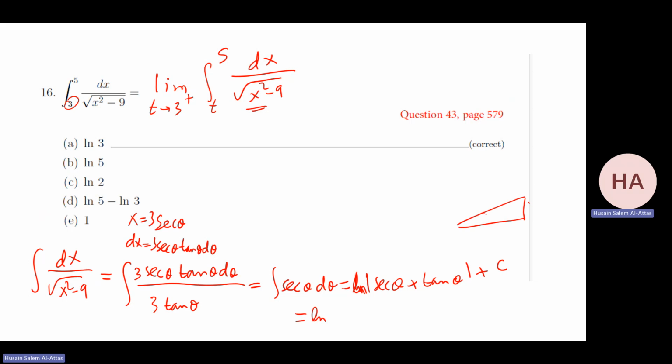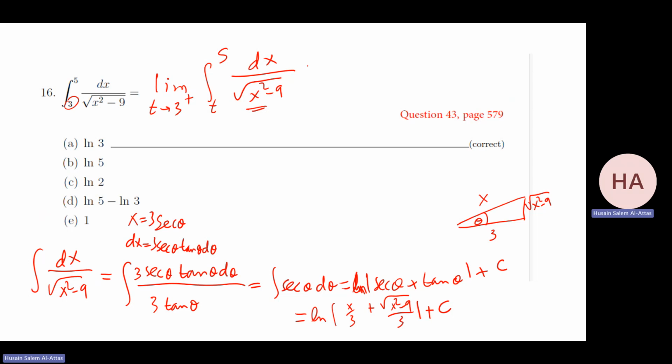And this is the triangle. Secant is what? Hypotenuse over adjacent. Okay, yeah, this will be square root of x squared minus 9. And its secant, so that will be ln of x over 3, and tan is square root of x squared minus 9 over 3, plus c.